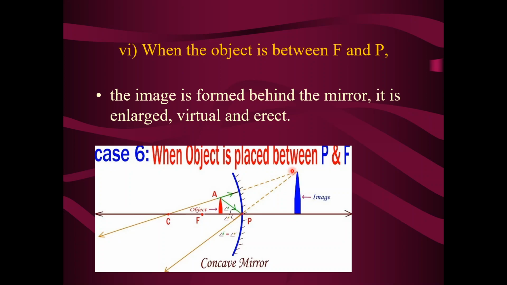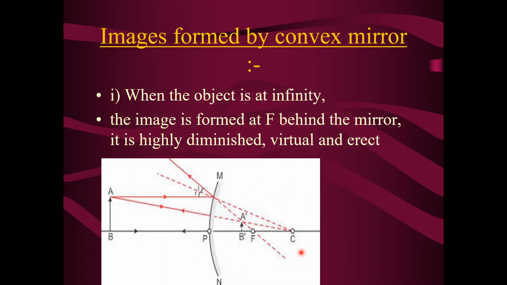This is a virtual and erect, magnified image. In this position, when the object is placed very near to the concave mirror, a very big, magnified image is formed. So hope you have drawn all the ray diagrams at different positions.